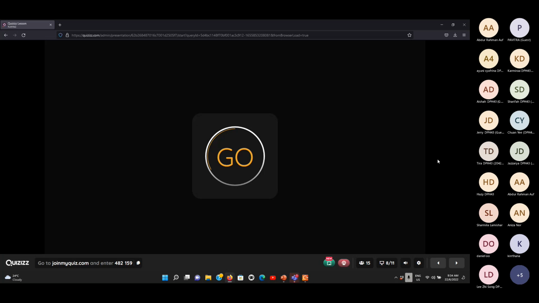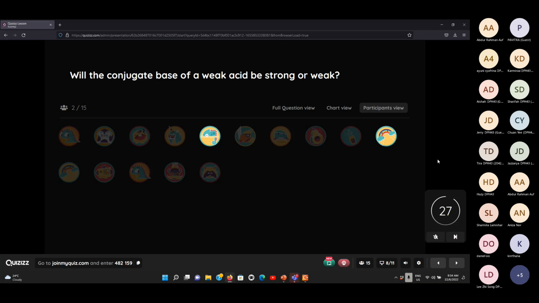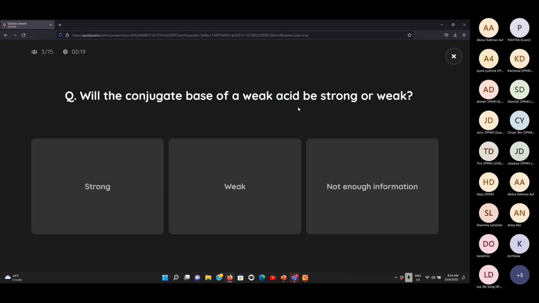Okay, what is the conjugate base of a weak acid? Sorry, will the conjugate base of a weak acid be strong or weak? Dekat sini dia dah venture into the strength of acids and bases. Kalau kamu you're not aware of the strength of acid and bases, kamu try jawab kat sini.